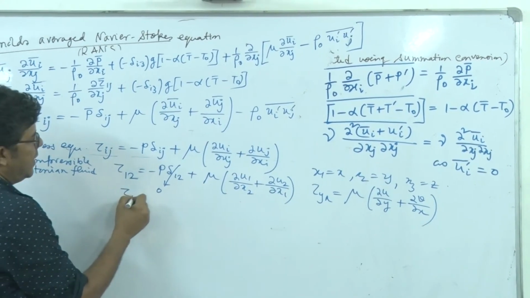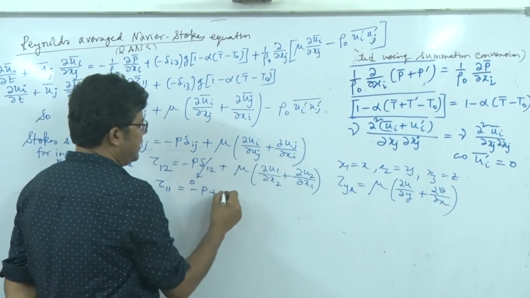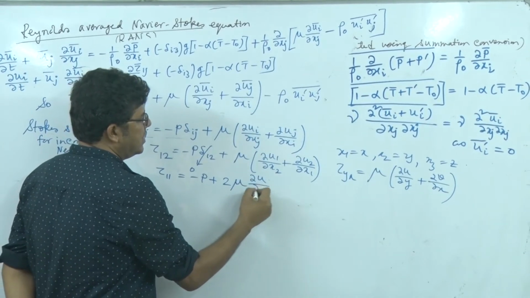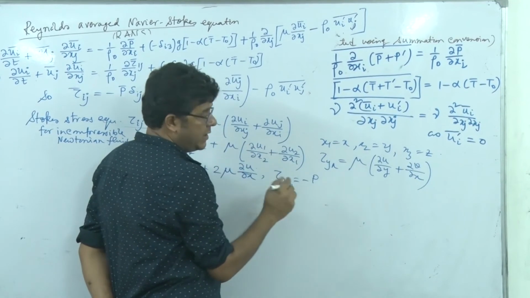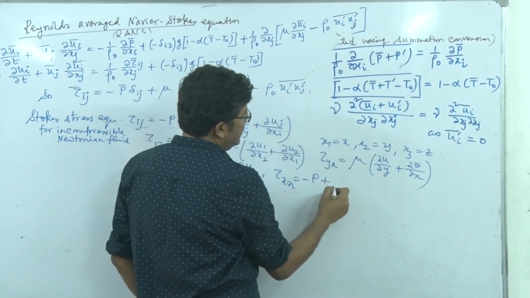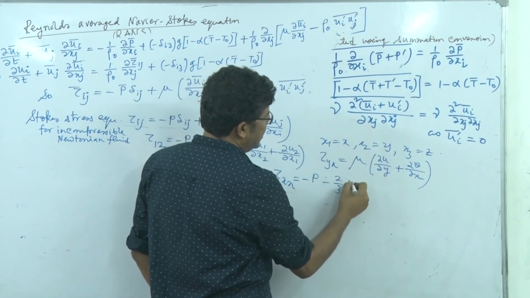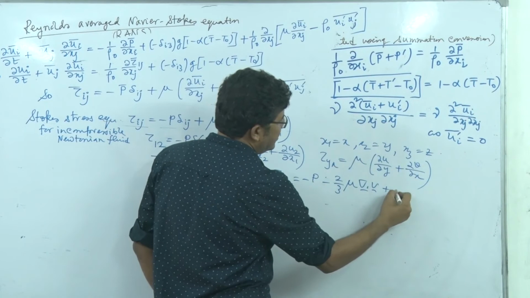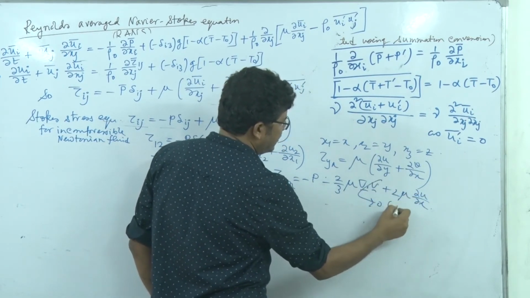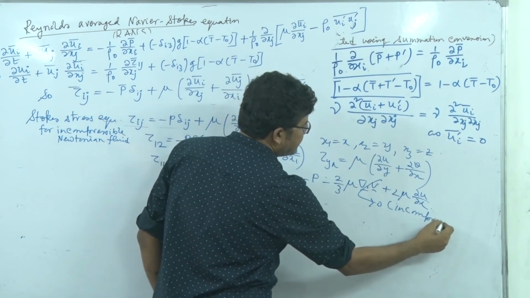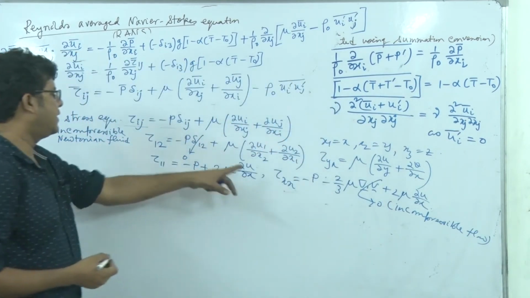And if it is 1 1, just like tau xx, it will be minus P, i and j are same, so 2 mu del U del X. Now remember this tau xx from Stokes stress equation, though we have not derived it, it's minus P minus 2/3 mu del dot V plus 2 mu del U del X, and for incompressible flow it is 0. Right? So it exactly matches.